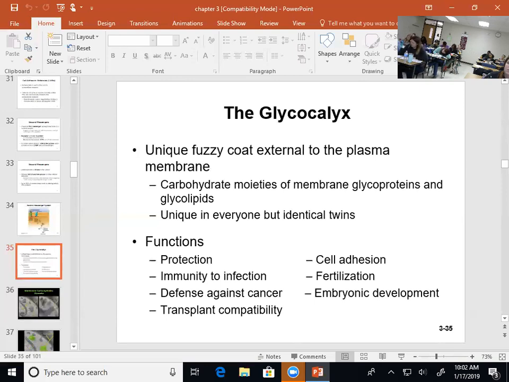There's no such thing as a perfect match. But they do have guidelines for how many of those markers they need to match, right? They're not going to find a perfect match. That's why they're going to have to forevermore take immunosuppressive meds so that their immune system won't destroy that. What does that put them at risk for?